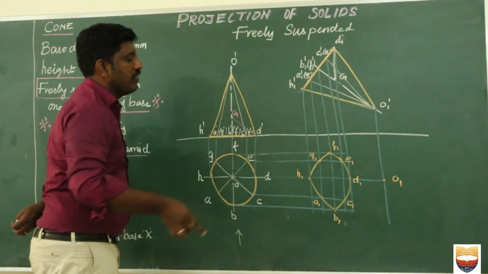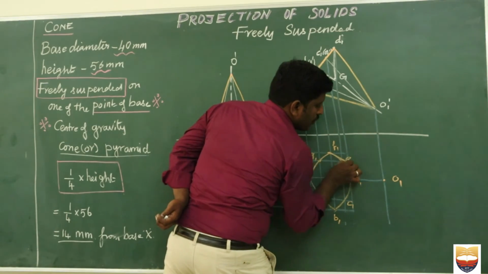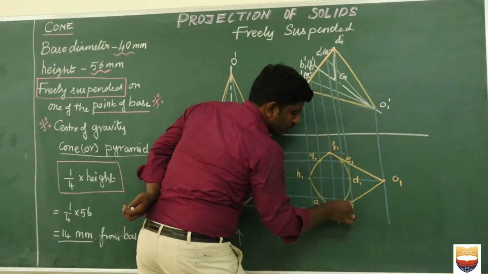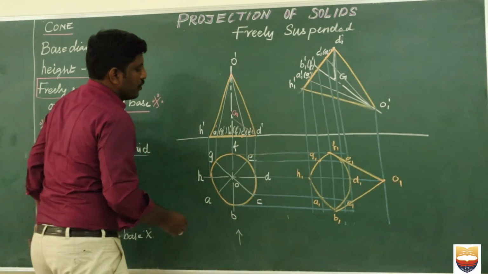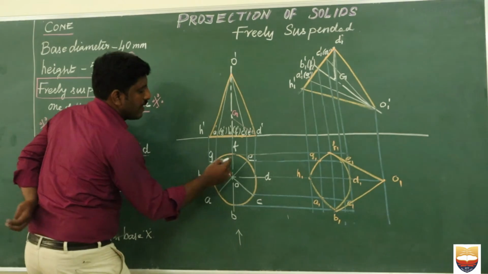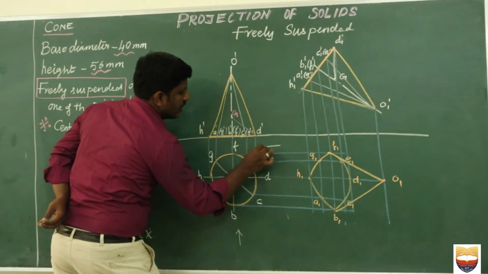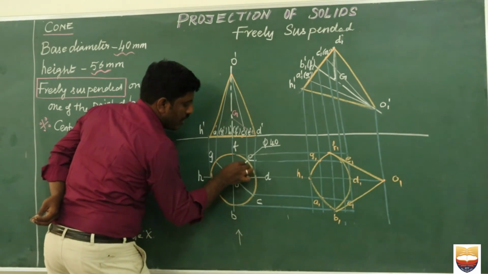Obviously, as we said, only the end directions should be dark. I connect F2 to O1 and B2 to O1. This is our final part, and we need to add the dimensions. The diameter is given. The diameter of this circle is given as 40. Don't forget to have your arrowhead.